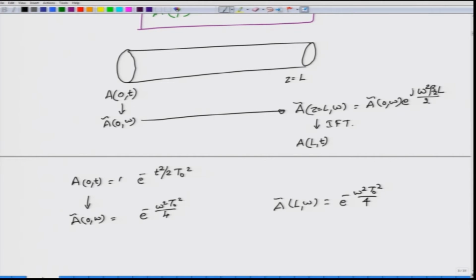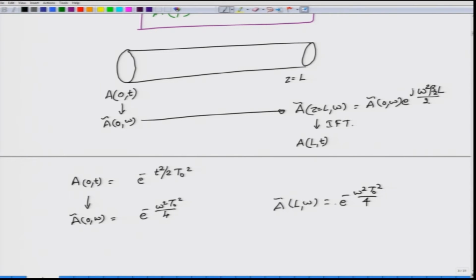Please note that I have not multiplied this with a certain constant, because I have taken the amplitude as 1. This constant will be a function of t0, or rather 1/t0. I have not done that because I am not interested in showing you the amplitude changes, I am interested in showing you the pulse change in the time domain.